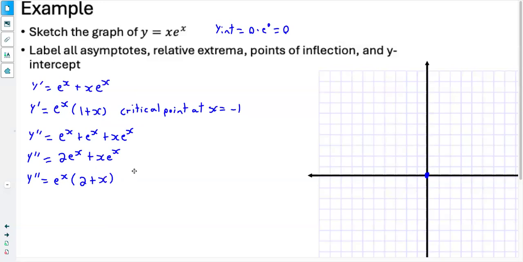So this is going to give us a point of inflection when x equals -2 because that's what makes this equal to 0. Or sorry, that should be -2.